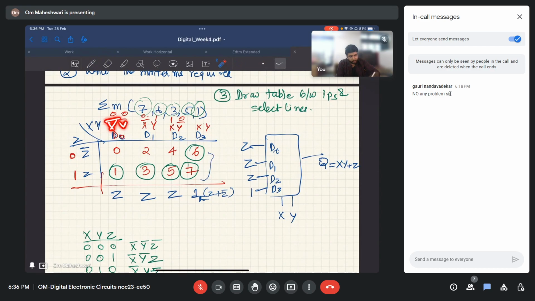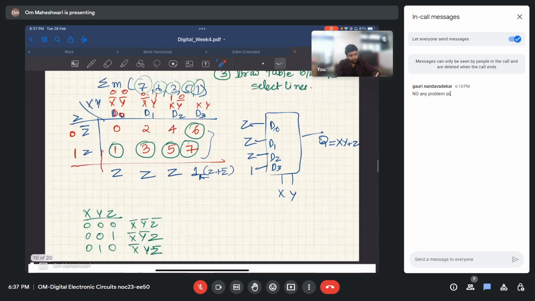So here we have X bar, Y bar, Z bar, that is 0. If we have X bar, Y bar, Z, then we have 1. Similarly, X bar, Y, Z bar, that is 0, 1, 0, that is 2. And X, Y bar, Z bar is 1, 0, 0, that is 4. That's why I've written 4 here. X, Y, Z bar is 1, 1, 0, that is 6.